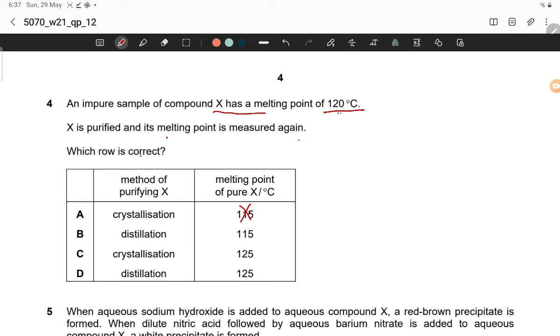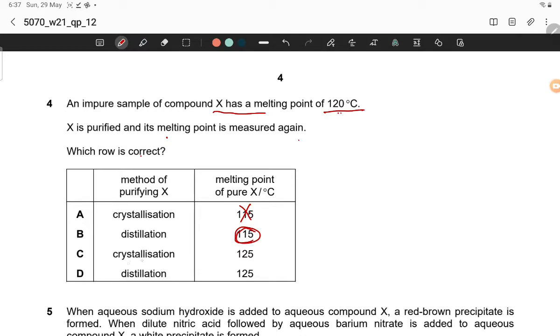Distillation with 115 degrees centigrade: 120 degrees centigrade is the melting point, while in distillation it could not be 115 degrees centigrade, it could be the boiling point of that liquid.